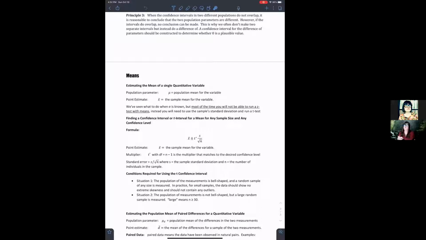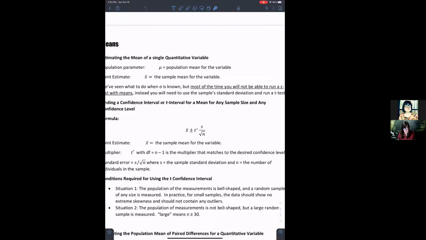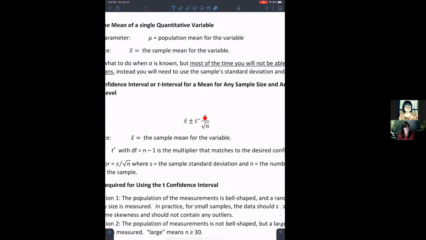What happens is that because of the approximation going on here, which is s, we're using the sample's standard deviation. So instead of the population standard deviation, we're using the sample standard deviation. And because there's no cap on how big or small s can be, right?